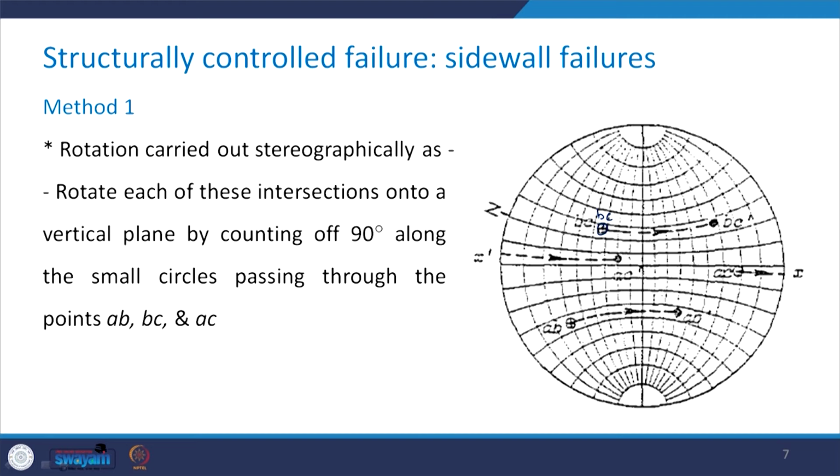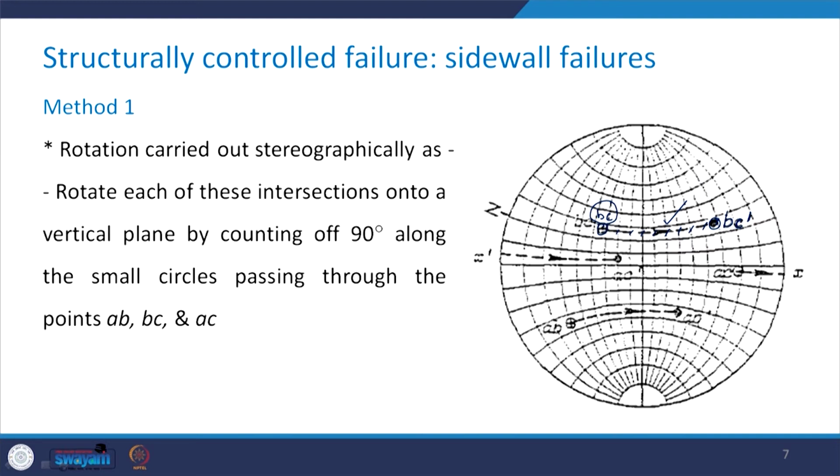Now, see 10, 20, 30, 40, 50, 60, 70, 80 and 90, and here we get a point which we have got by the rotation of this point BC by 90 degrees.